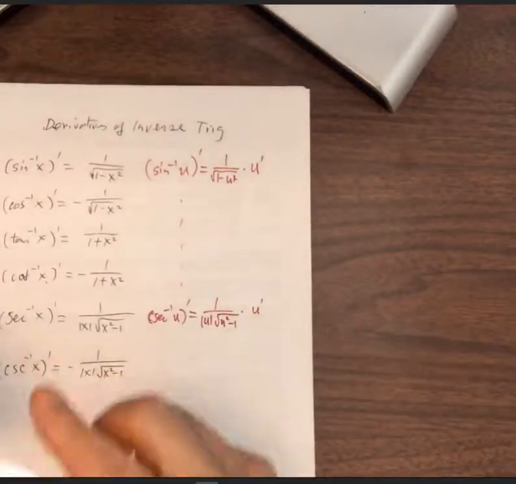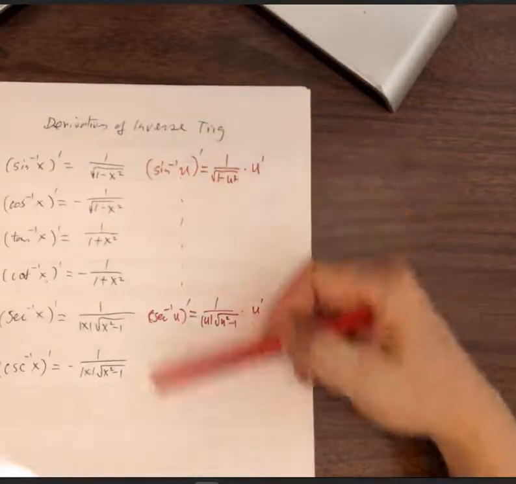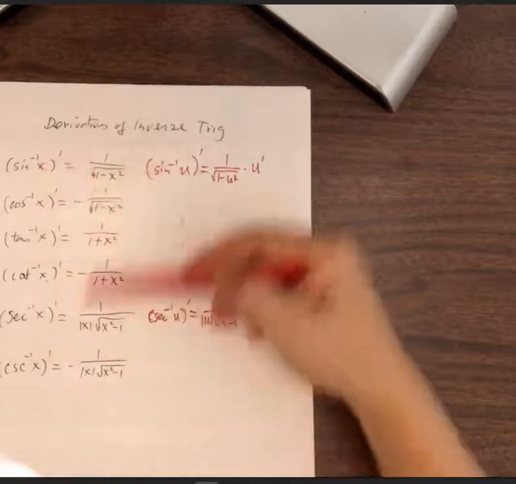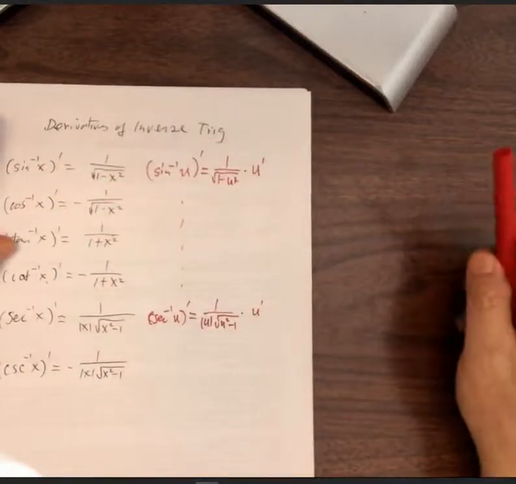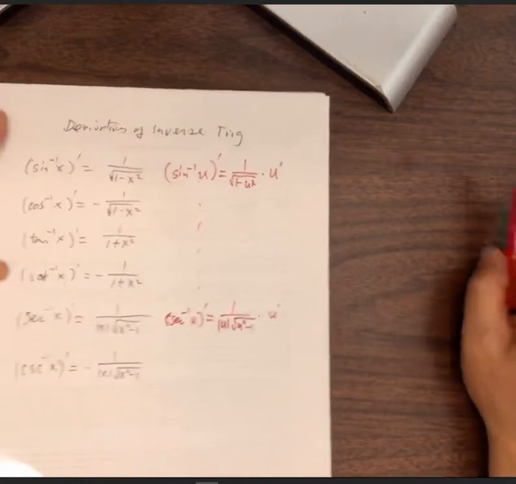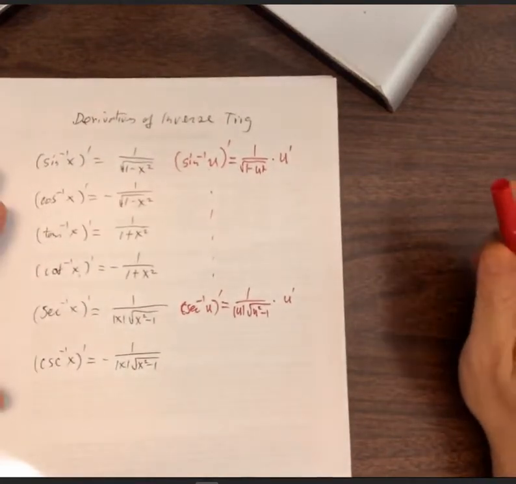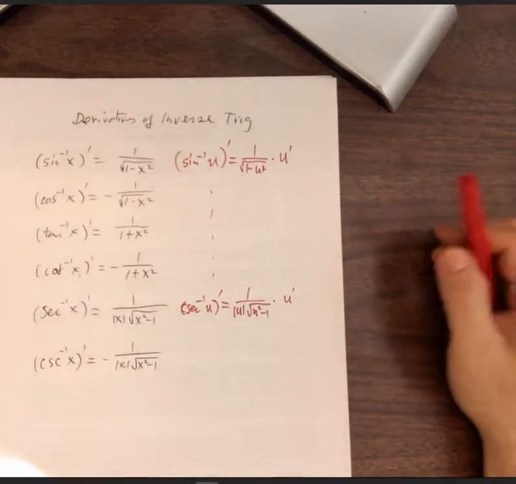We are familiar with the chain rule, so it doesn't matter if you want to remember the u version or even the basic version. Basic version is fine. If you want to do the u version, that's okay too. So these are the new differentiation formulas we learned in calculus.